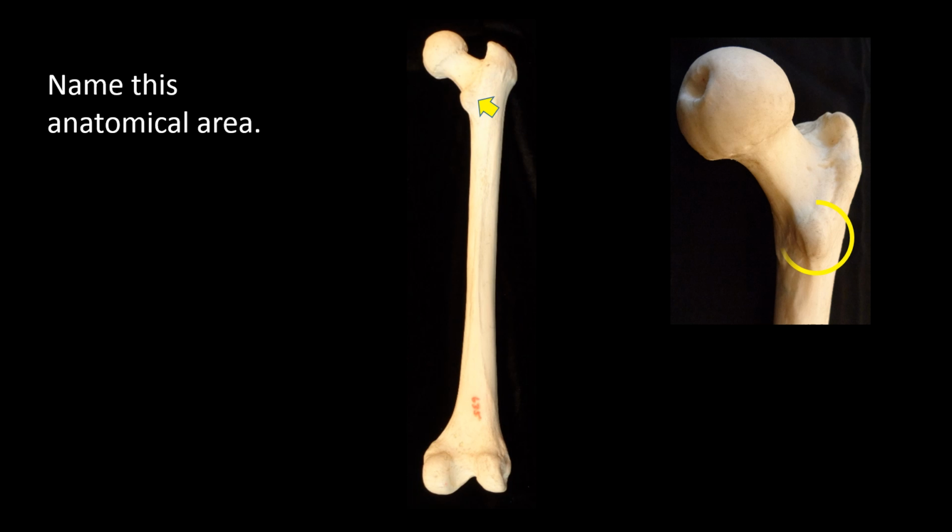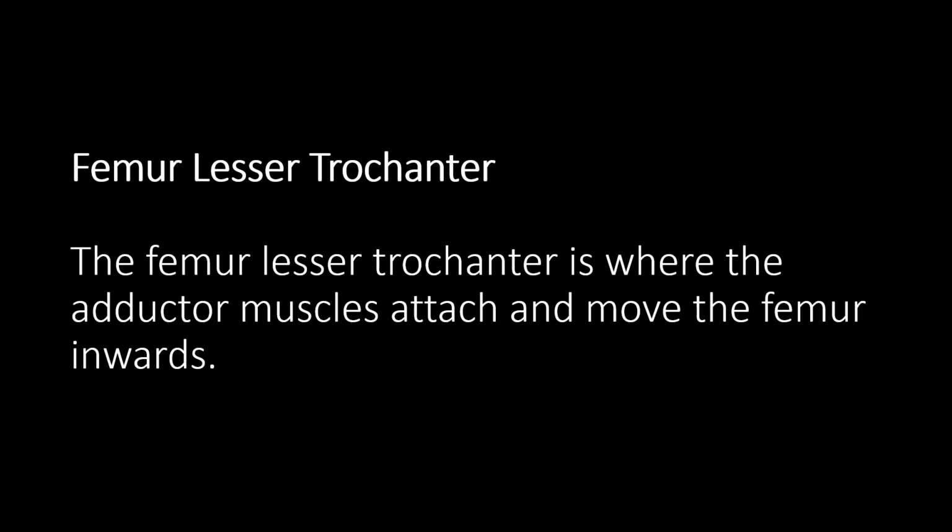Name this anatomical area. Femur lesser trochanter. The femur lesser trochanter is where the adductor muscles attach and move the femur inwards.